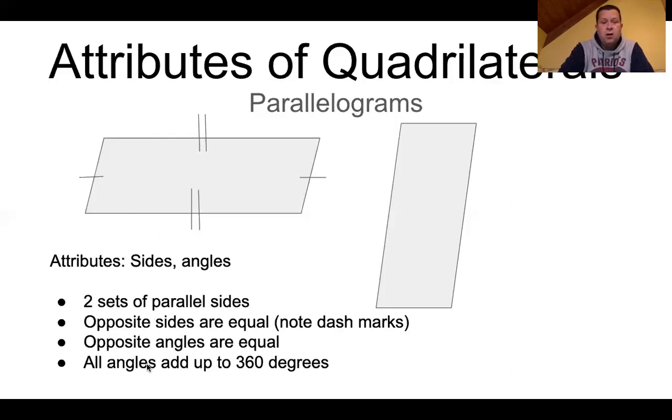Quadrilaterals, all the angles add up to 360 degrees. So later on, you may have to figure out a missing angle given three angles. And it's very important to understand the attributes and understand that all the angles of a quadrilateral add up to 360 degrees.